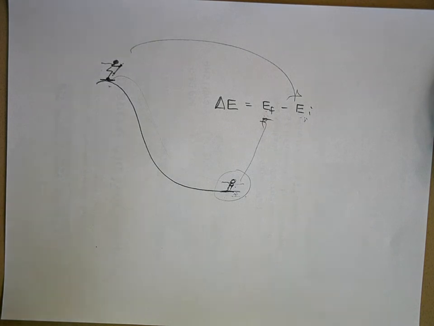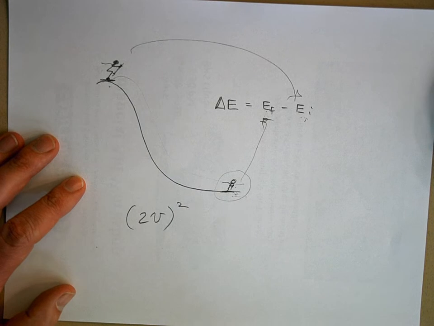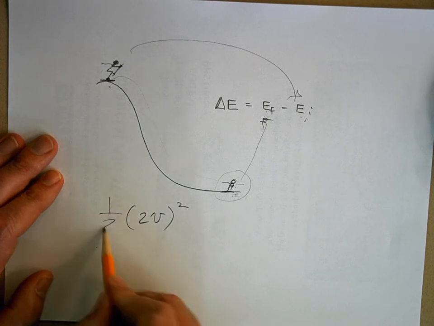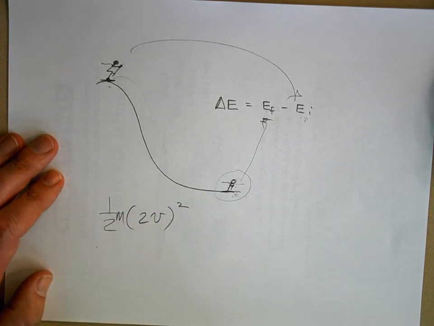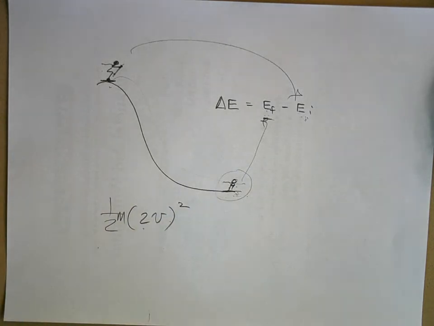If you double your velocity, but remember, it's 1/2 m, twice the velocity squared. What is 2 squared? 4. You have 4 times the energy. If you want to go twice as fast, you have to do 4 times as much work to get an object up to speed. Kind of interesting.